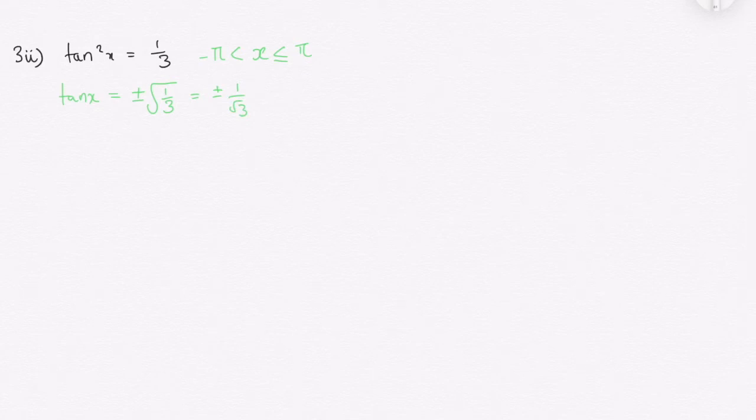We want to solve this, so we could go x is equal to tan inverse of 1 over root 3, and x is equal to tan inverse of minus 1 over root 3. Making sure your calculator's in radians mode, this again is one you should know, but this is pi over 6, and this one here is going to be minus pi over 6.